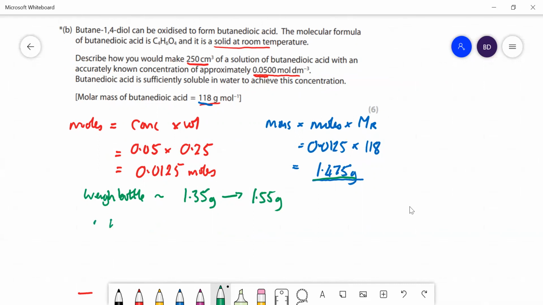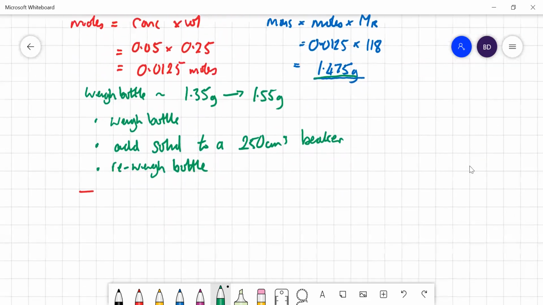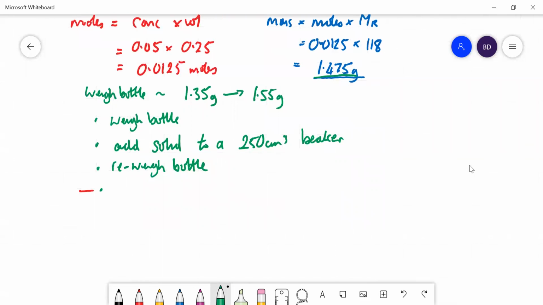So weigh the bottle, then add the solid to a 250 cm³ beaker, and reweigh the bottle. Then you're going to record the mass used by subtraction, or calculate the mass transferred.